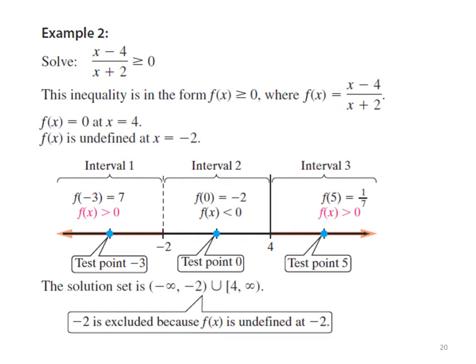Minus 2 here will give you an undefined amount. So minus 2 is not included. Now what about 4? 4 is okay, and 4 will give you 0, and 0 is greater than or equal to 0. So here is now my solution set: the open interval from minus infinity to minus 2, union the closed interval from 4 to infinity.